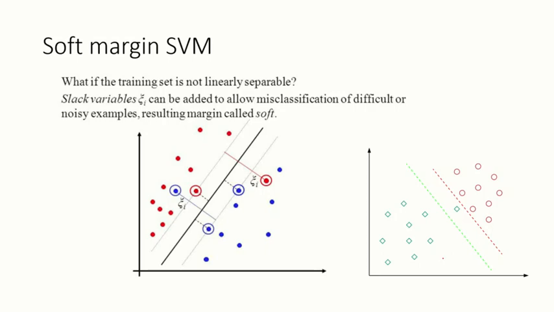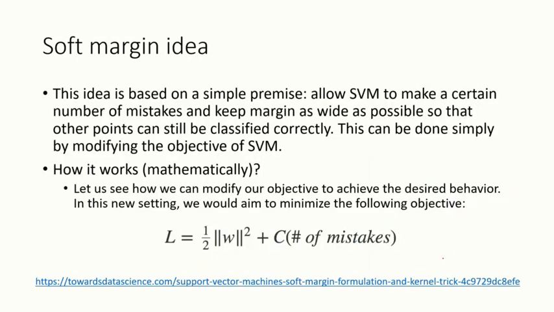So there's some balance you can achieve using soft margin ideas. Okay, you build a number of mistakes into your likelihood function. So you want to minimize this, but you have another term for how many mistakes you allow yourself to take.